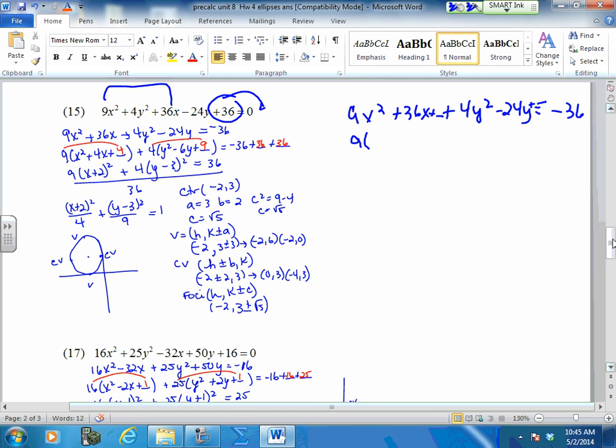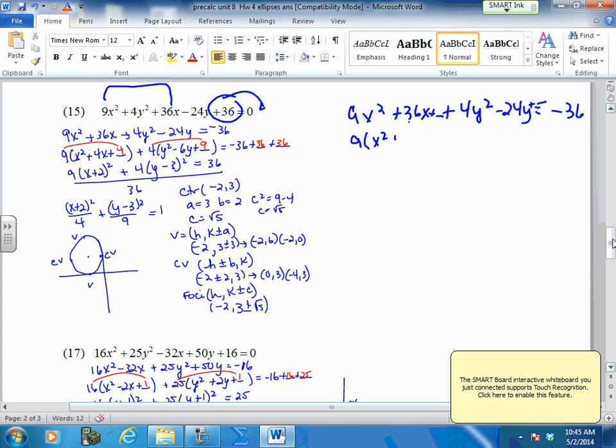So this little grouping, I'm going to factor out a 9. X squared, factor a 9 out of here, plus 4x. When you come over here, you can't add 4. You have to go 9 times 4. You have to take it out of that parentheses.